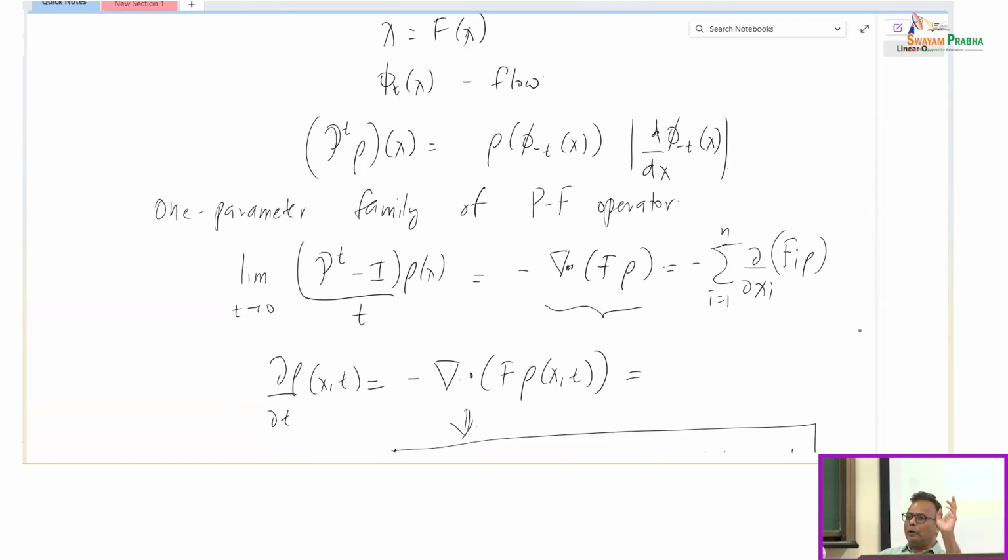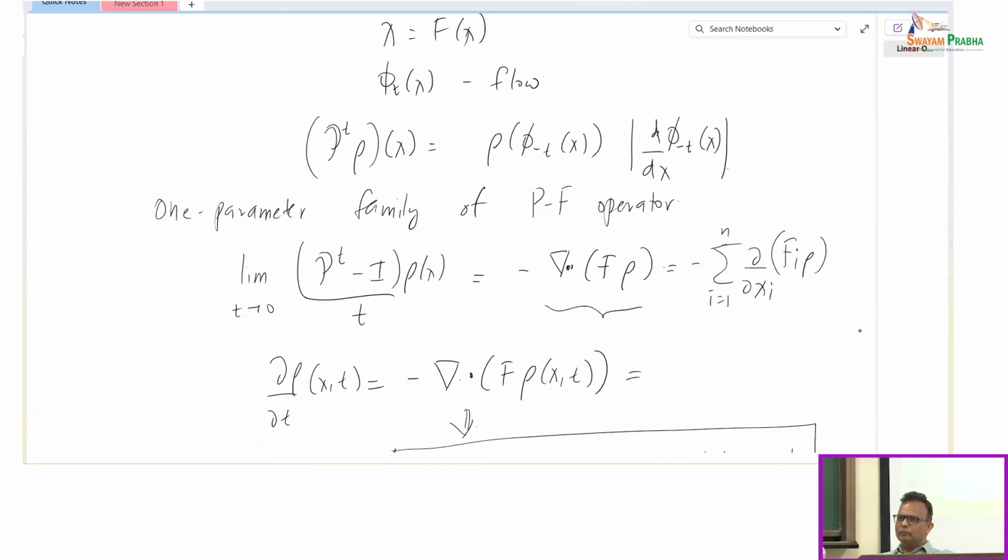Now, if you look at the Perron-Frobenius operator for that system, what you can say is that it will have two eigenvalues 1. Each eigenvalue corresponds to one steady state distribution. The eigenfunction corresponding to the eigenvalue will tell you what that equilibrium point is, or where the steady state dynamics resides.